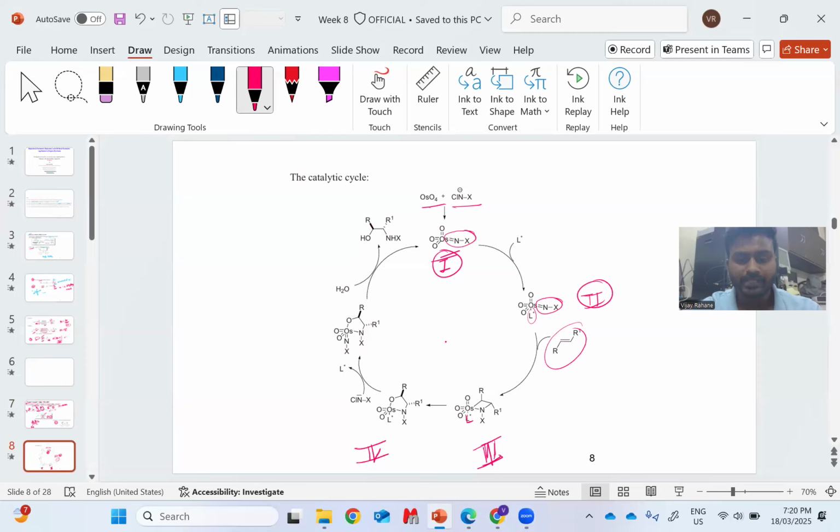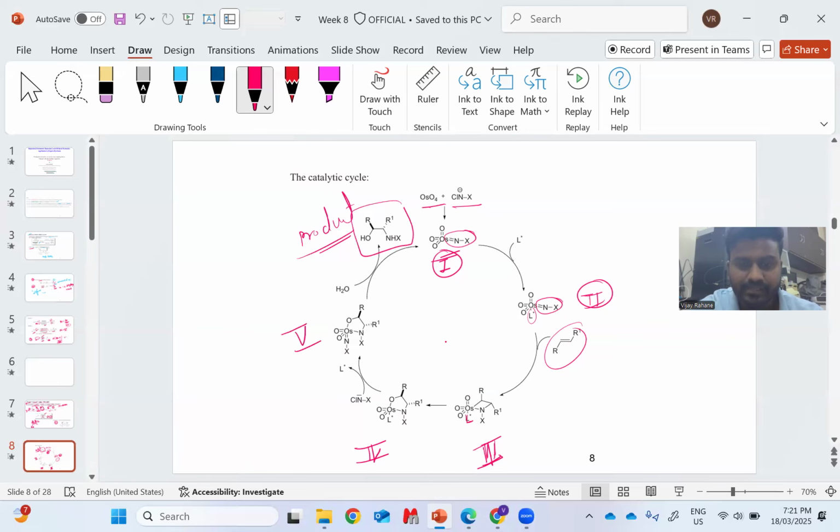Further, intermediate 3 converts into intermediate 4 upon elimination of another equivalent of this nitrogen source. It gives intermediate 5, and upon hydrolysis, it gives the amino hydroxylated product, right? And again, the cycle goes on. So in this manner, first the ligand addition, followed by the addition of the olefin, and then an internal rearrangement, you can see here.